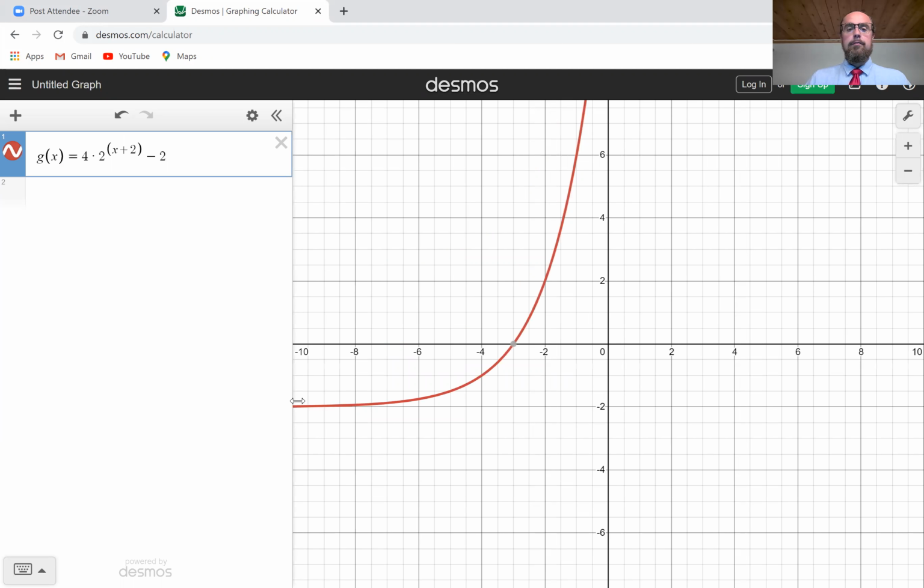And that looks like a really good match to the graph that we had presented to us at the outset. So our equation looks very accurate to the graph that we're given.